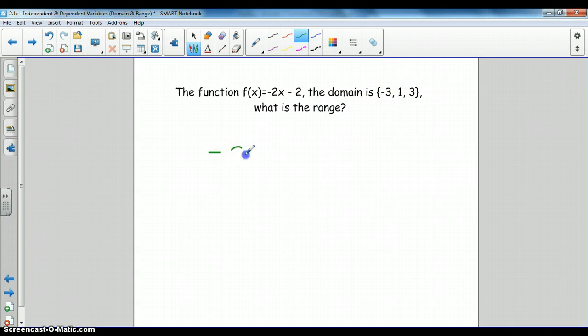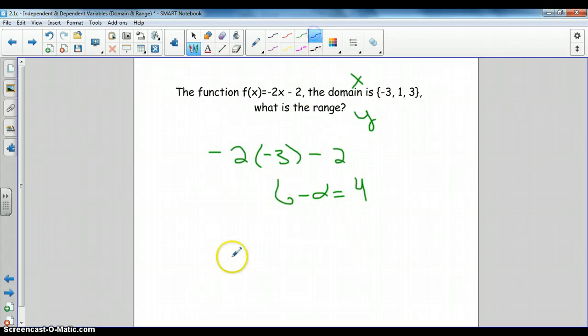All you're going to do is take these x's, because it's the domain, and find our y's. -2 times -3 minus 2. -2 times -3 is 6, minus 2 is going to give me 4. -2 times 1 minus 2. -2 minus 2 would be -4.